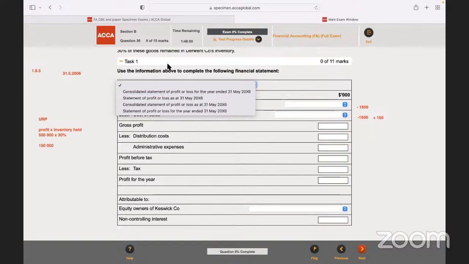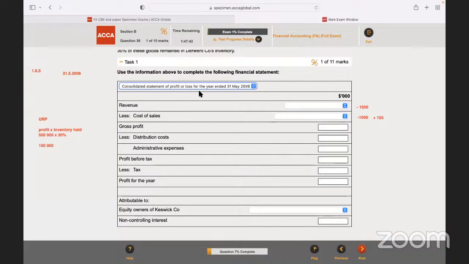So obviously it's a consolidated, so out of these two options, profit and loss is always done for the year. As at is normally for the statement of financial position. Therefore, the answer has to be the first one. Done. Right here you can see our marks have got updated immediately.